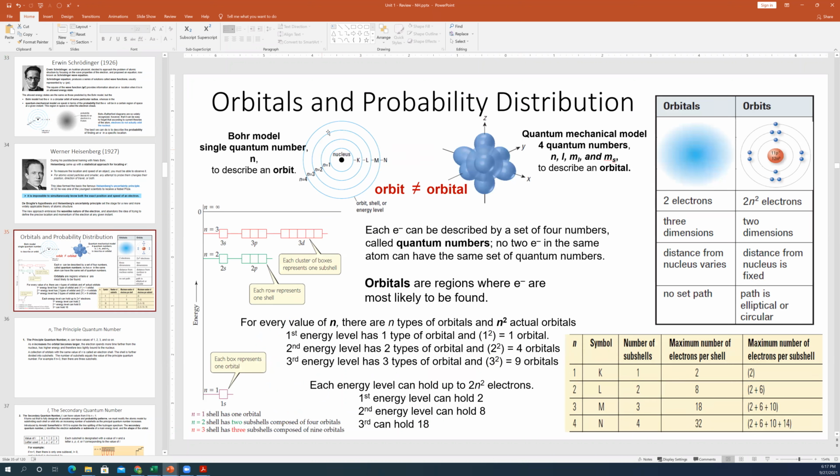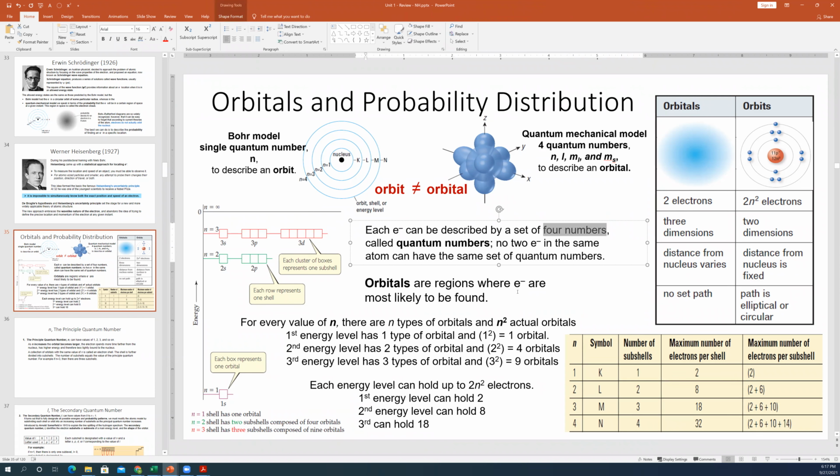So this is how the Bohr model evolved into the quantum mechanical model, where there are different orbitals, and each of these orbitals has its own unique set of quantum numbers. The electrons that occupy each of these orbitals have their own unique set of quantum numbers, and each electron is described by a set of 4 numbers. And these orbitals are regions where electrons are most likely to be found.